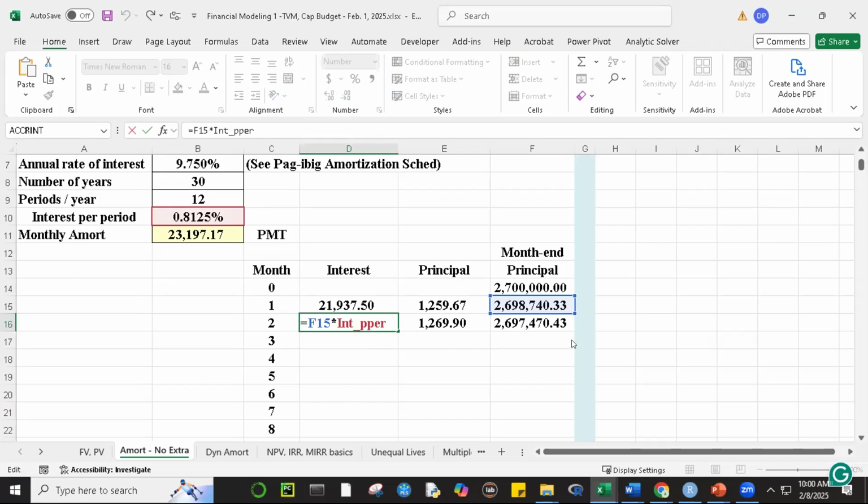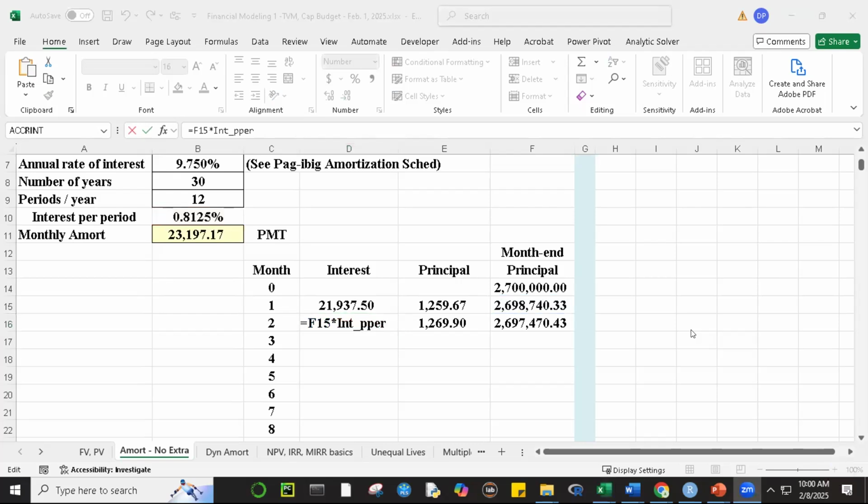If we just copy down, this one will go down also. F15 will become F16. And we will multiply it with the interest per period. Will the process just keep on repeating? Will it be iterative? Yes.